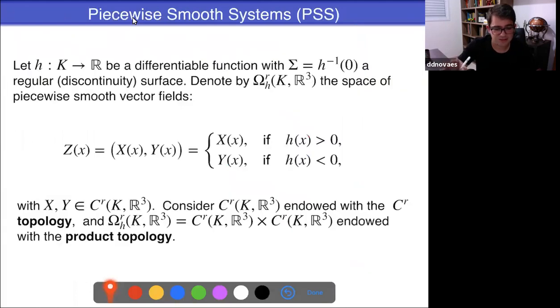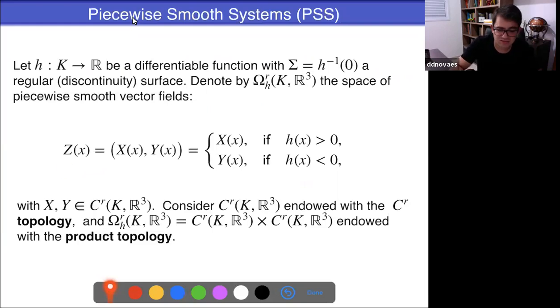So let me introduce the type of vector fields we are going to consider in this talk. Here H is a differentiable function for which 0 is a regular value. This means that the inverse image of 0 by H is a regular surface. Then we denote by Omega^r the space of piecewise smooth vector fields defined like this.